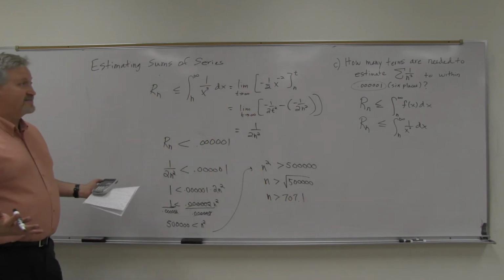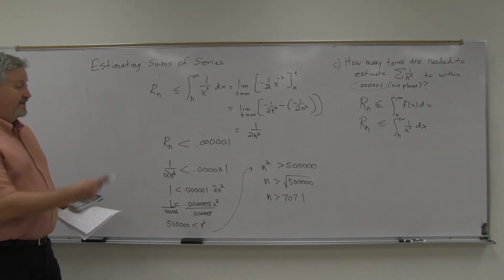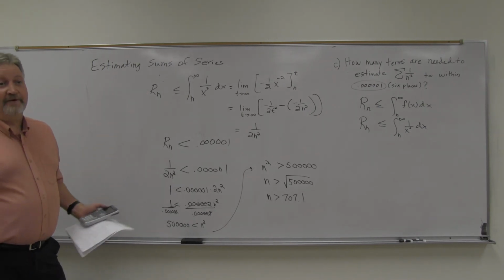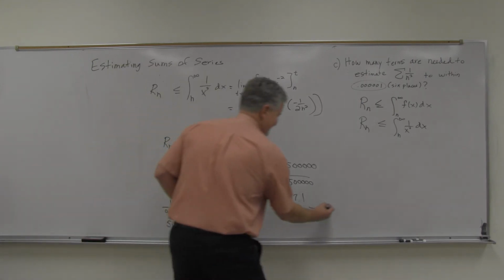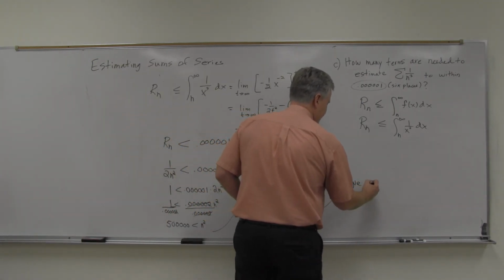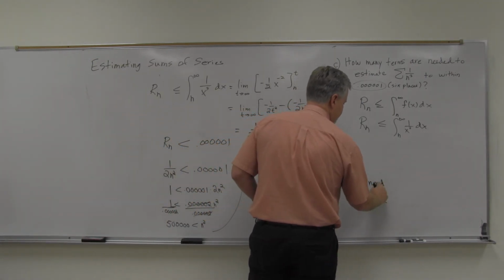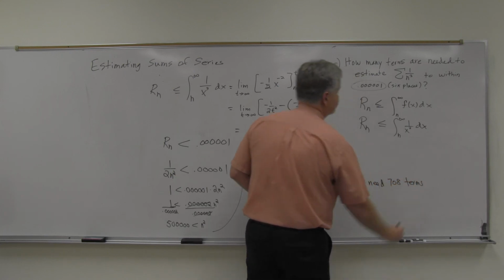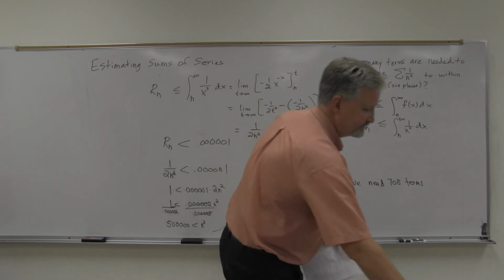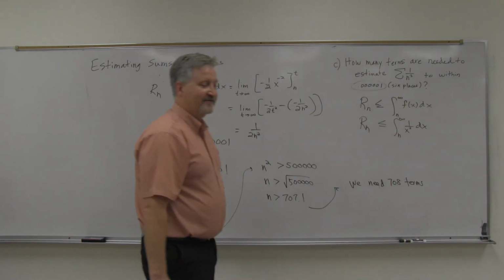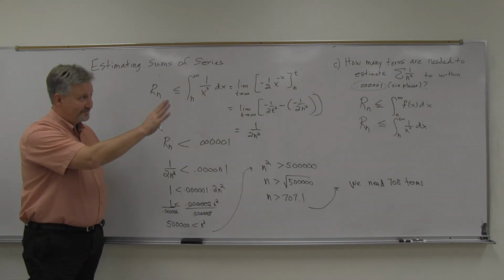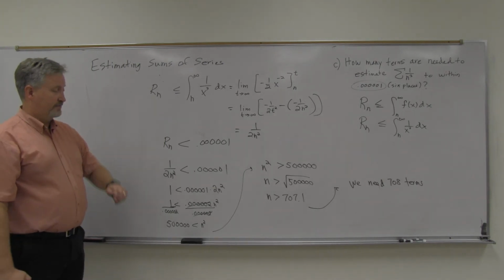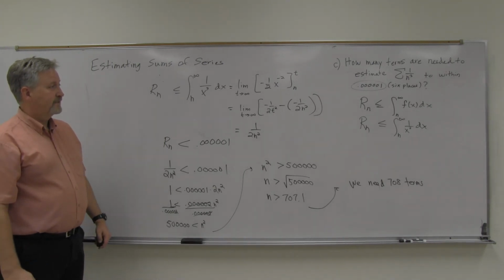So that n is the number of terms I need. It needs to be greater than 707, so why don't we go 708? So we need 708 terms. Quite a few. We want that much accuracy, but that's what it is. Okay. To ensure within that accuracy right there, we would need 708 terms. All right?